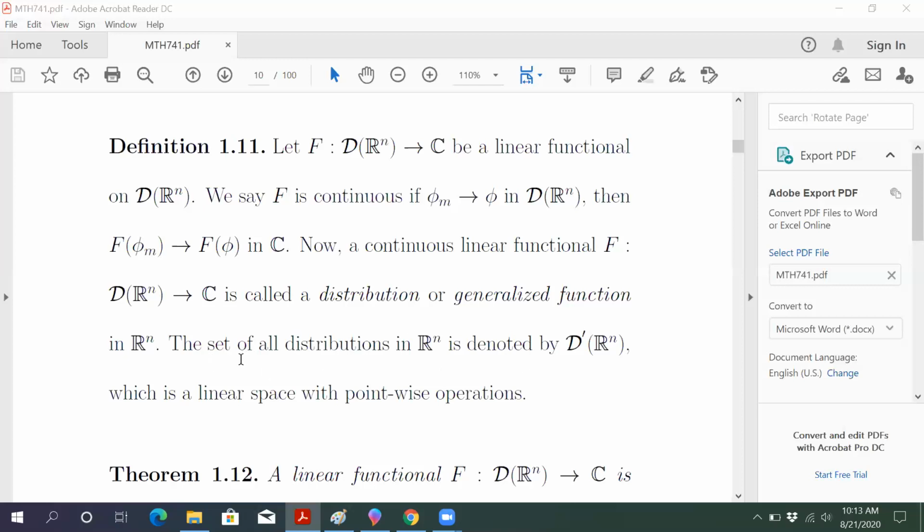Now let me explain this. Look here, we said that the set of all distributions in R^n, D'(R^n), is a vector space with pointwise operation. What does it mean?